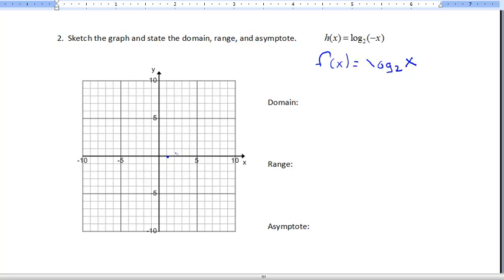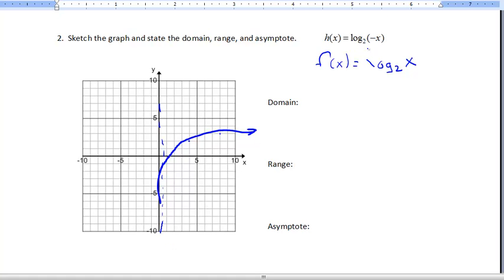So there's 1, 0, there's 2, 1, 4, 2, 8, 3, and then you have 1/2, negative 1, 1/4, negative 2, and so on and so forth. These logarithm graphs have a vertical asymptote. Our vertical asymptote here is x equals 0, and the graph keeps going down forever.